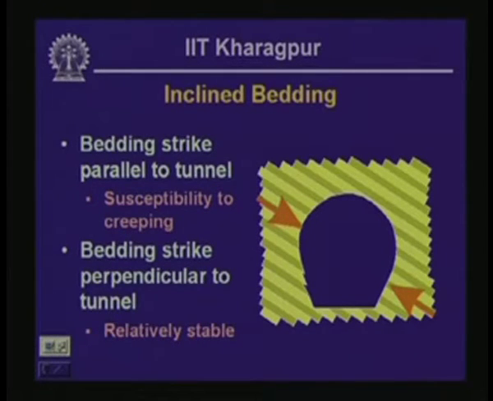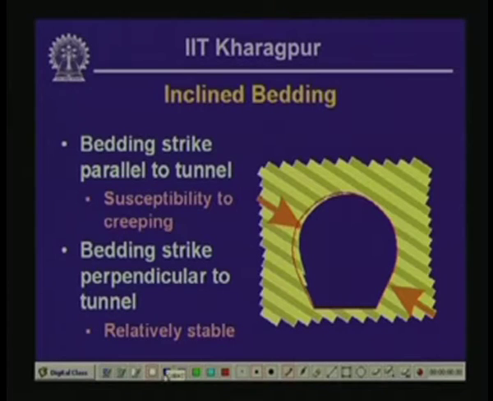So, if we superpose the original tunnel cross section, then what we get is a situation like this. Basically this portion here is affected by the problem of closure.